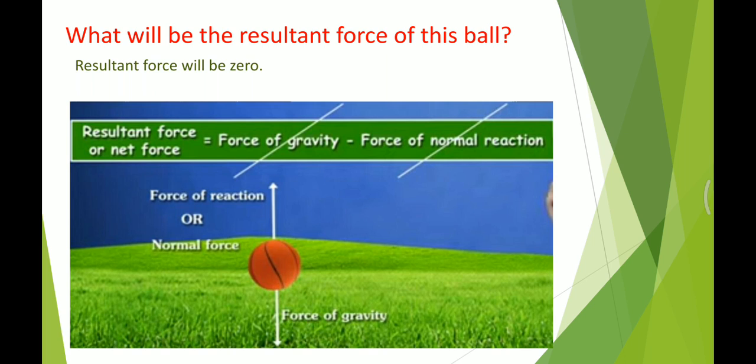If both the forces are equal, then they cancel each other, and the net force is equal to 0. Children, you remember at the beginning of this video I asked one question: are there any forces acting on the stationary ball? I hope you got the answer.